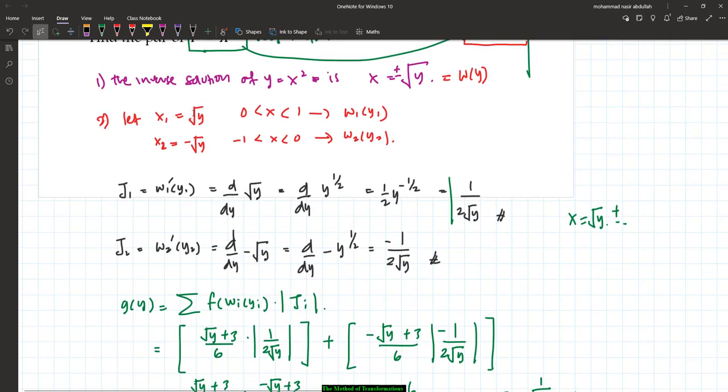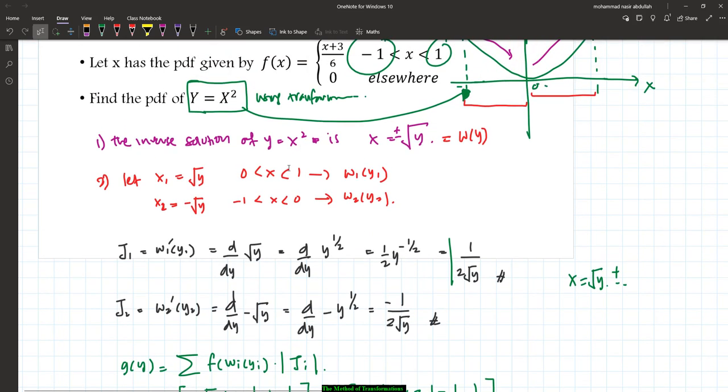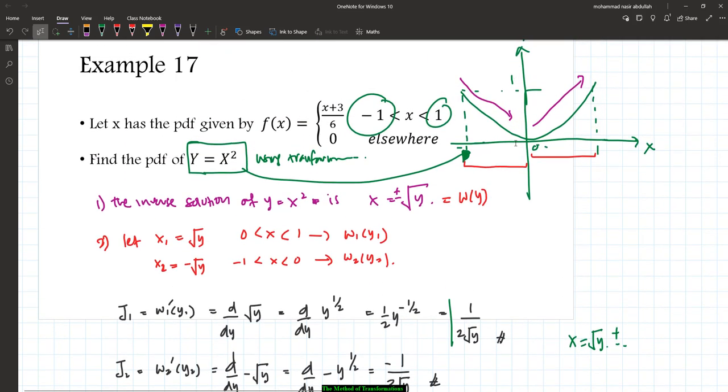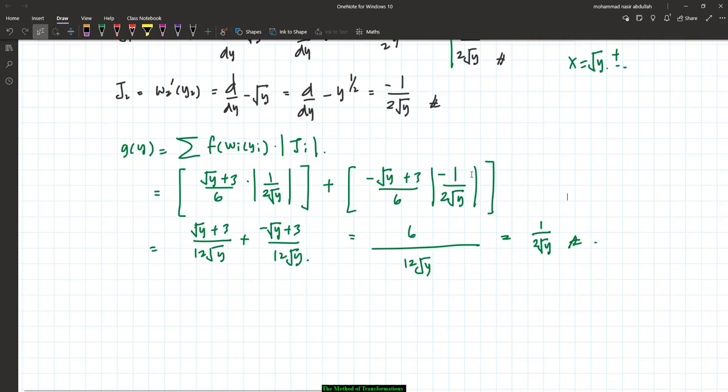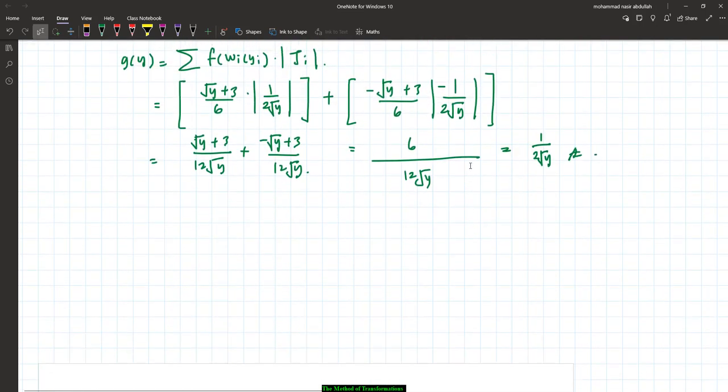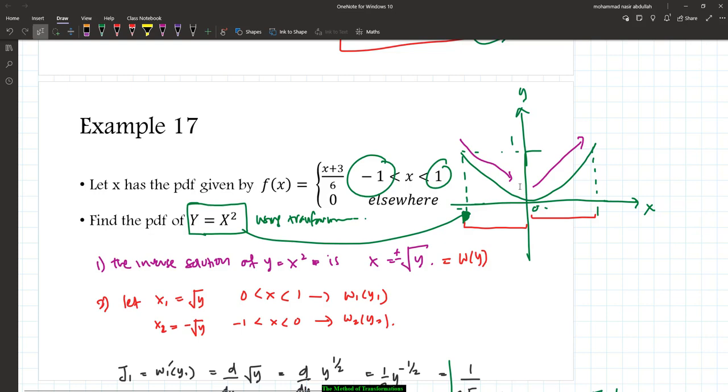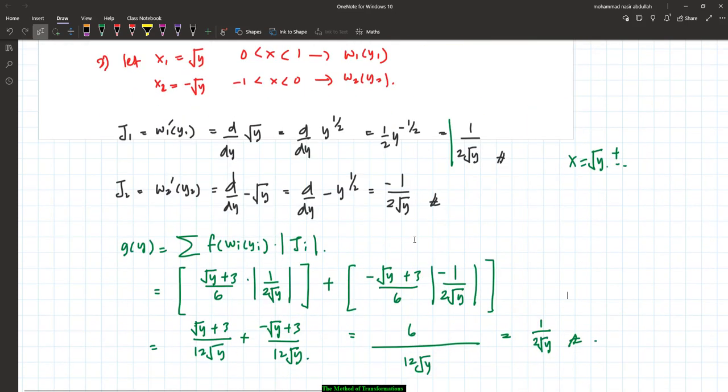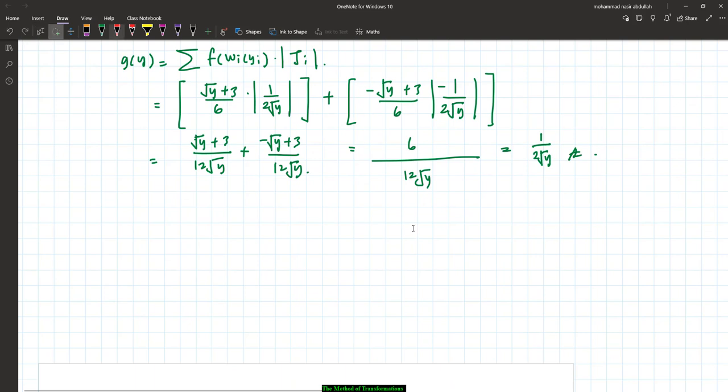So since square root of y, so y should be range of 0 and 1 lah, right? 0 and 1 sama saja, mana-mana pun sama. Sebab apa? Dia naik ke atas, right? 0 and y, right? 0 and 1. So our new PDF should be equal to 1 over 2 square root of y from 0 to 1. So this is elsewhere, right?